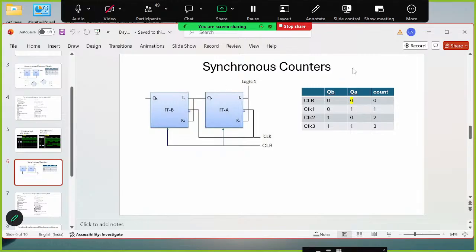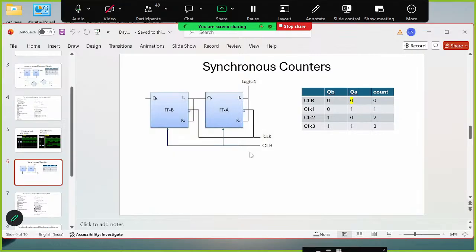But in synchronous counters, all the flip-flops get the same clock pulse. However, the first flip-flop output becomes the input of the second flip-flop. This is the example of a synchronous counter, a 2-bit synchronous counter.